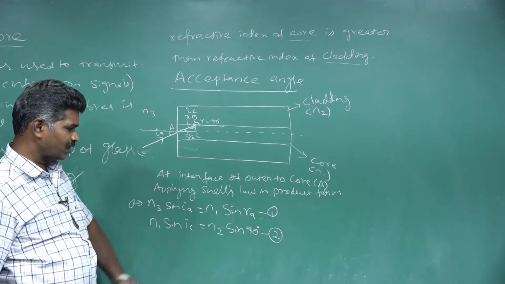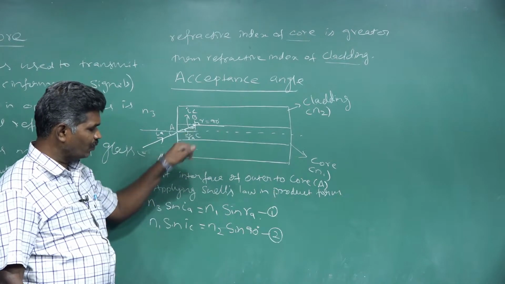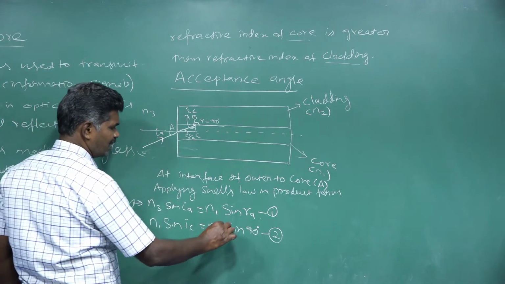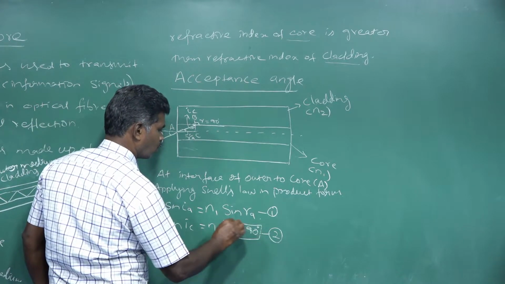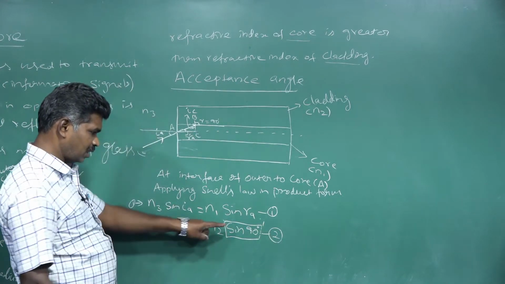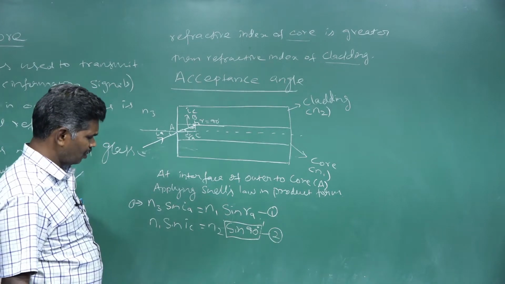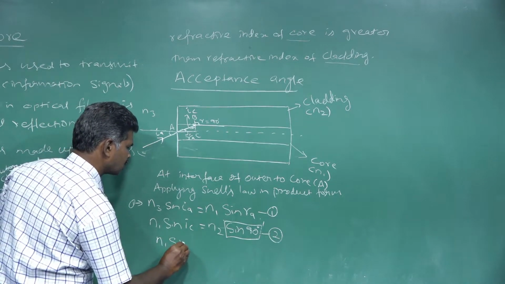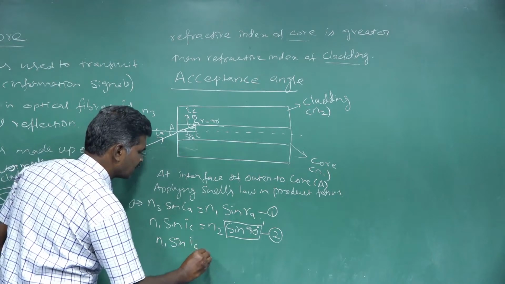In our second equation, the angle of refraction is 90 degrees, so sine 90 becomes 1. Rearranging, n1 sine IC equals n2 alone, where IC is the critical angle.